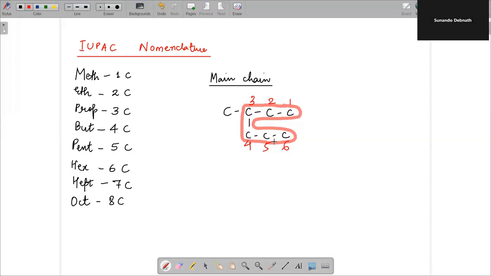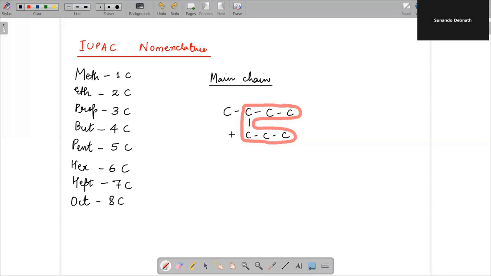Now, you may wonder, why did you start the numbering from that end? Couldn't we do it like this? 1, 2, 3, 4, 5, 6. From this direction, can we not start? And here also, if we do it in this way, then also we are getting 6 carbons in the main chain. Well, there's a concept again. From which side we will start the numbering depends on a particular rule that we will look at later.